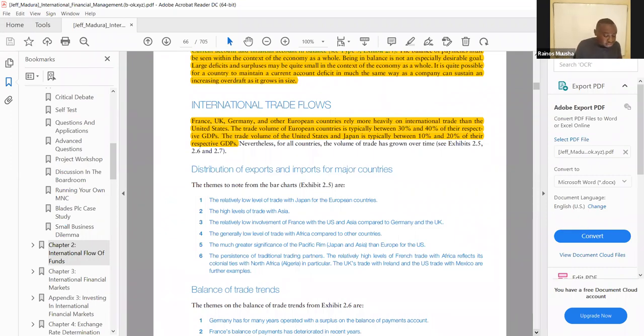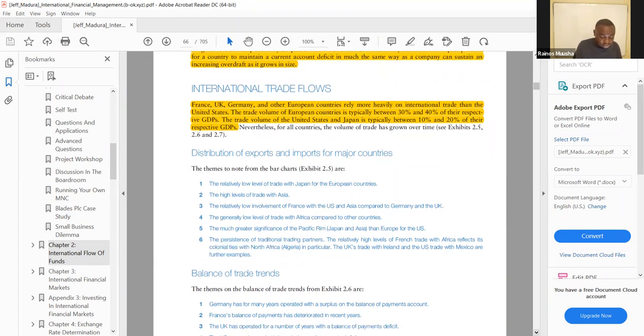So here they say, France, UK, Germany, and other European countries rely more heavily on international trade than the US. The trade volume of European countries is typically 30% to 40% of their respective GDPs, while the trade volume of the US and Japan is typically between 10 and 20% of their respective GDPs.